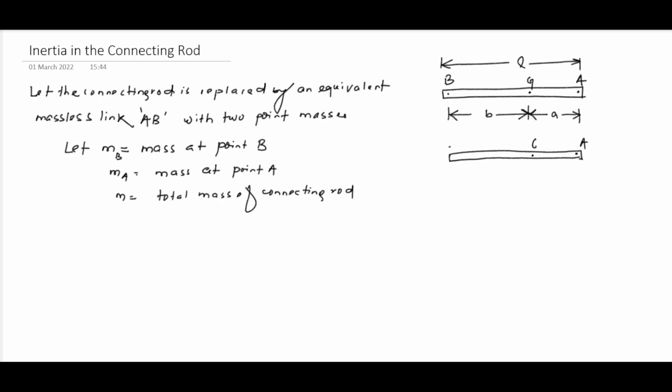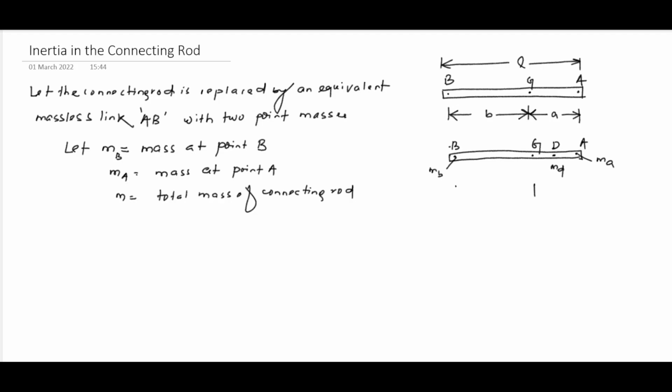This is the equivalent of the connecting rod, a link AB. So here at this point the mass is MA, here it is MB. G is the CG point, and we'll take any arbitrary point, that is point D, and the mass at point D is MD.